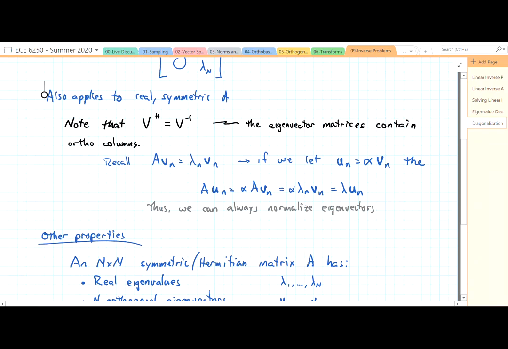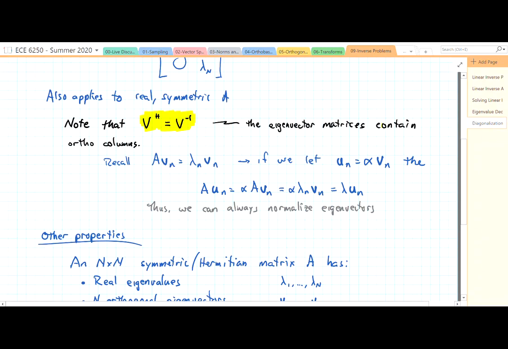Although we will do proofs, that's not one I thought was worth the time to go through in class. But V^H is also equal to the inverse. That's what it means to have this unitary matrix decomposition here.